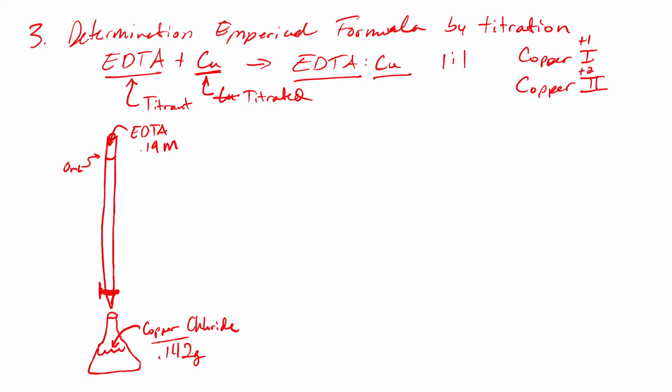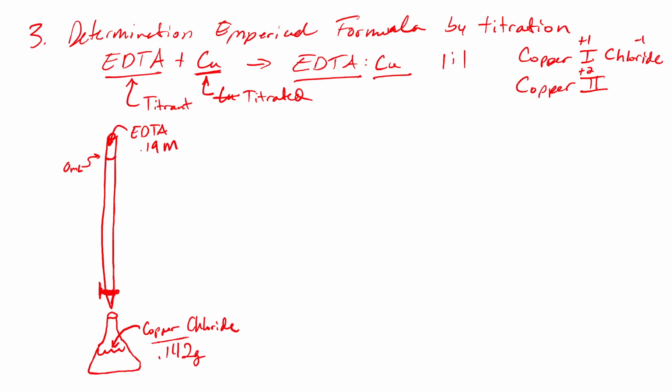And so if you wanted to make copper 1 chloride, all you would need then is a single extra chloride because chloride has a minus 1 charge. So a minus 1 plus a positive 1 makes a 0, right? So that's going to be copper 1 chloride.